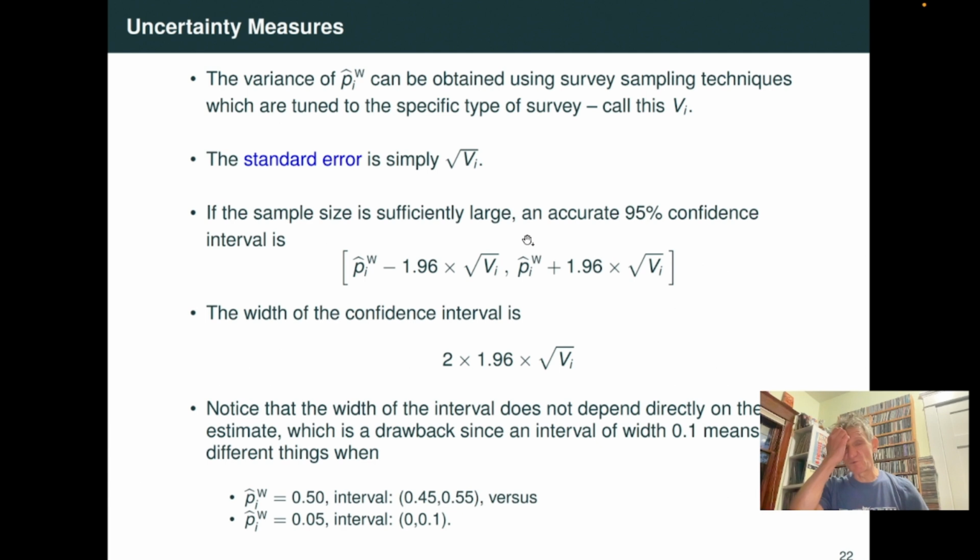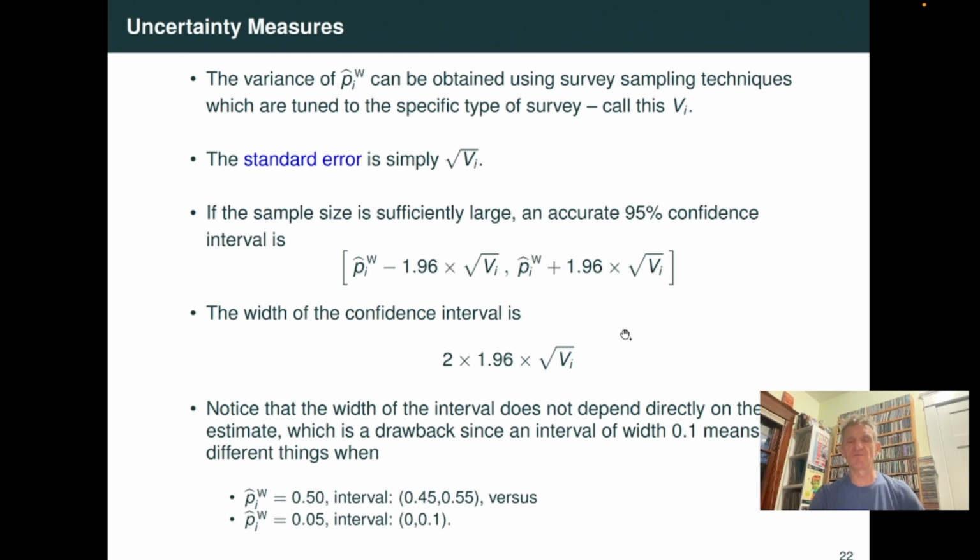If the sample size within area i is sufficiently large, and that's a wishy-washy phrase, since there are no hard and fast rules for when the sample size is large enough, we can look at plus or minus for a 95% confidence interval. Under repeated use of this formula, this interval will cover the true prevalence with probability 0.95. We look at the estimate plus or minus 1.96 times the standard error, just a standard confidence interval. The width of that interval is roughly 2 times 1.96, so about 4 times the standard error. That width is an overall measure of the uncertainty associated with the estimate.